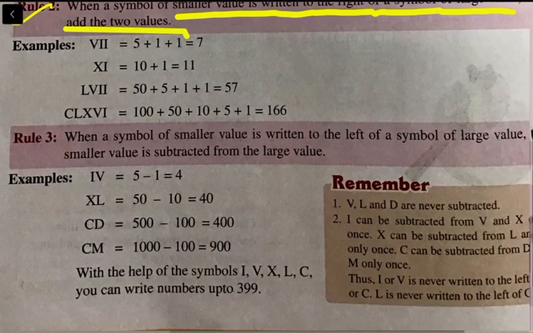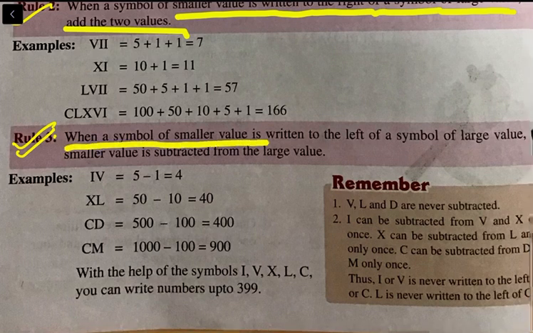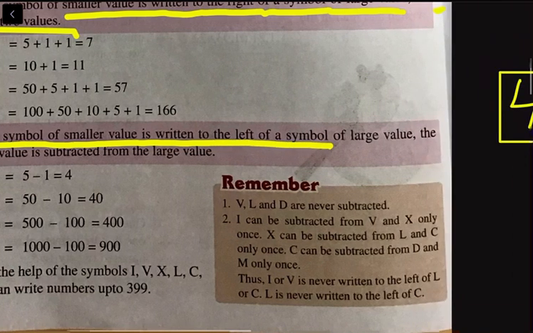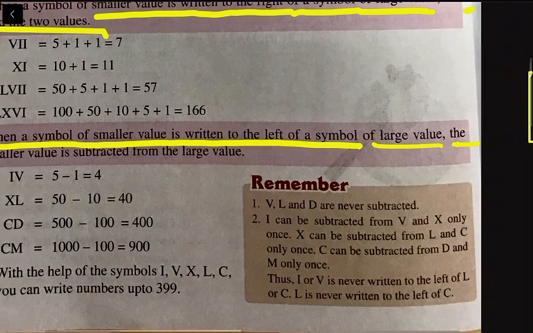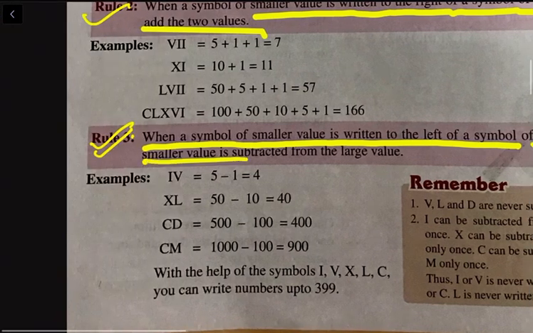Okay. Rule number 3. It is a very important rule. Rule number 3. When a symbol of smaller value is written to the left of a symbol of larger value, the smaller value is subtracted from the larger value.